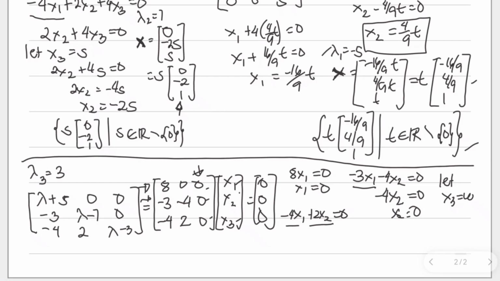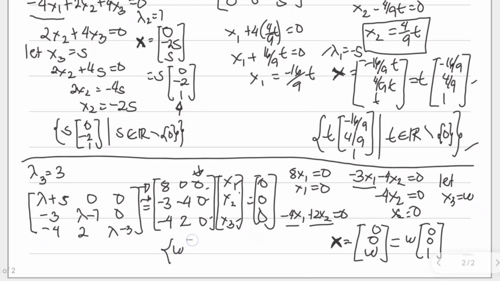This would mean your eigenvector here is 0, 0, w. Factoring w, you have 0, 0, and 1. So our eigenspace here is the set of w times (0, 0, 1), such that w is an element of R, but not an element of the set containing 0.